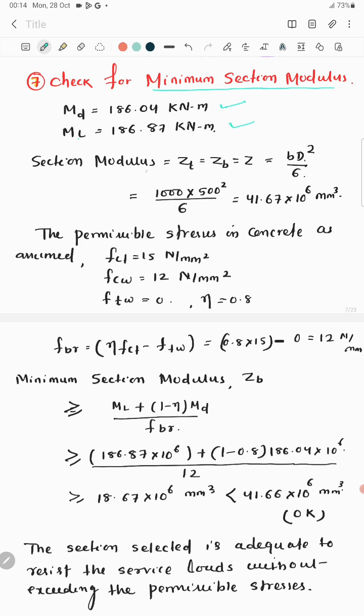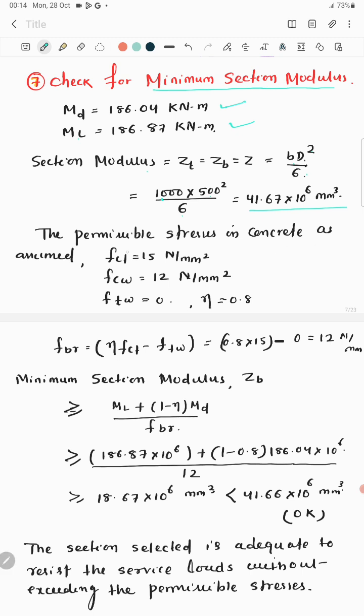Then the section modulus for a rectangular section is BD square by 6, that is equal to 1000, as we are designing the section for 1 meter of width. So width is constant, that is 1 meter, into depth 500 squared divided by 6. So the section modulus we got is 41.67 into 10 to the power 6 mm cube.